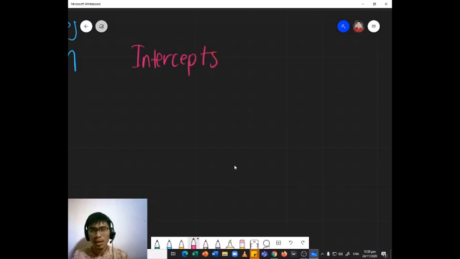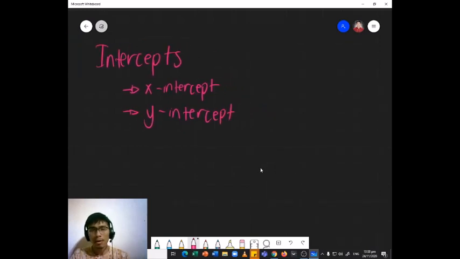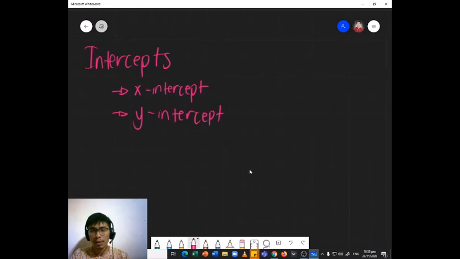When you say intercept, we have two things: we have the x-intercept, and we also have the y-intercept. How do these work regarding the rational function?